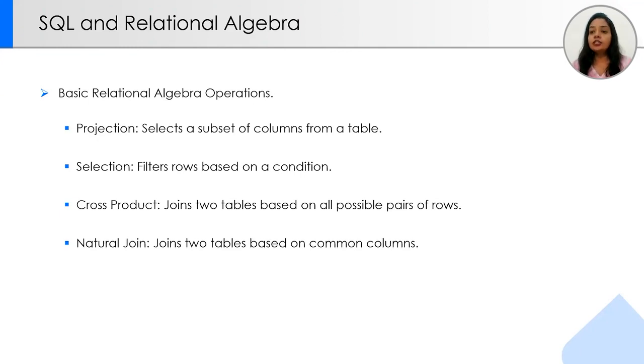Moving further, let us understand the basic relational algebra operations. These operations are basically categorized into projection, selection, cross product, and natural join. When we talk about projection, it basically selects a subset of columns from a table. So here a table may have 5 or 6 columns, and we are specifically talking about the subset of columns.